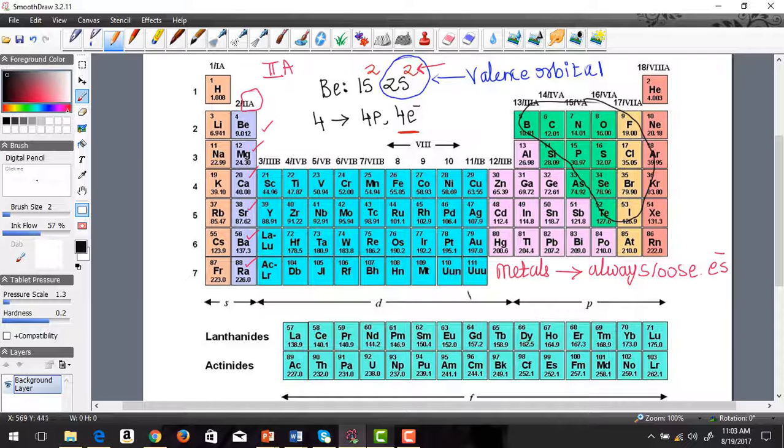So I'm going to be consistent with my color. Non-metals mostly, we would never go into the exceptions in this class as we're only in a 150, mostly accept or gain, accept electrons.